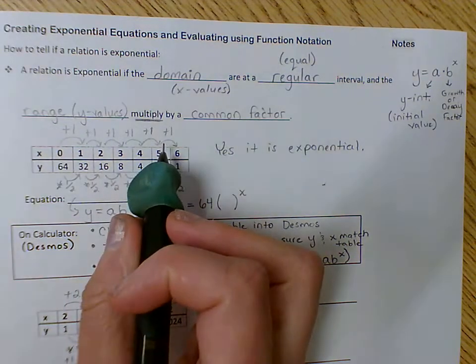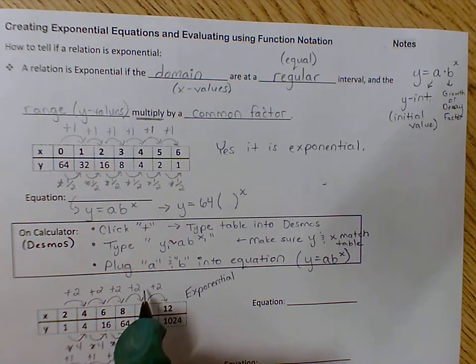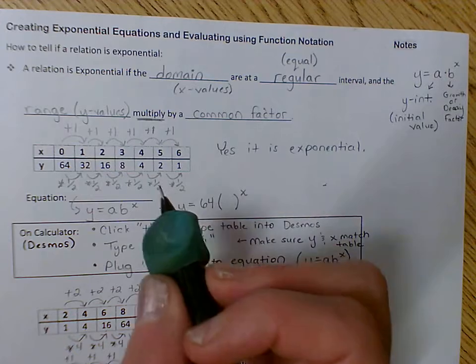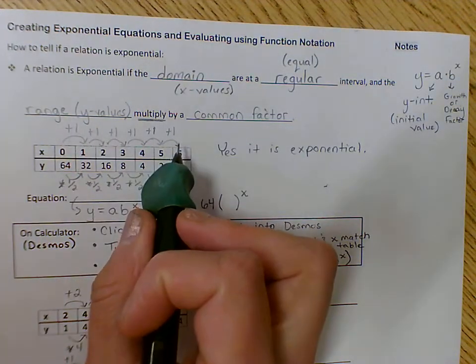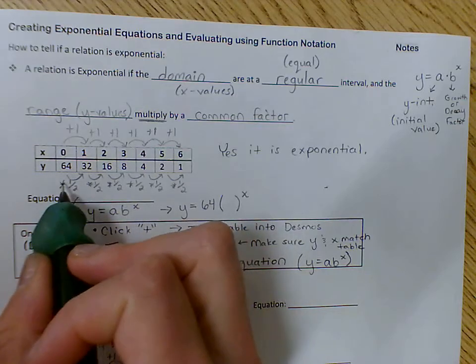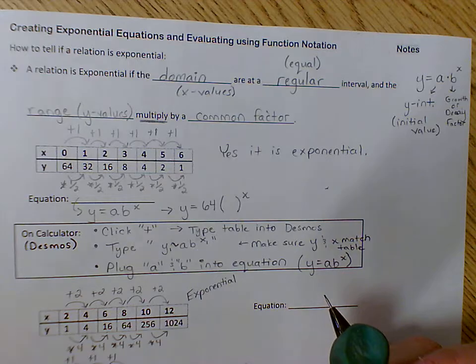If the x values don't have an interval of 1, like down here it had an interval of 2, or they were going by 2 each time, you're going to have to do something special before you can find B, okay? But if the x values were just going up by 1 each time, your B is actually going to be whatever that common factor was for your y values.